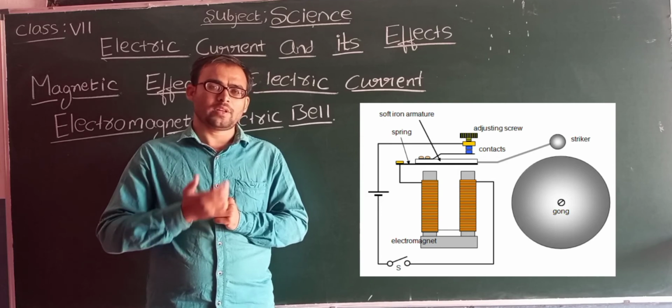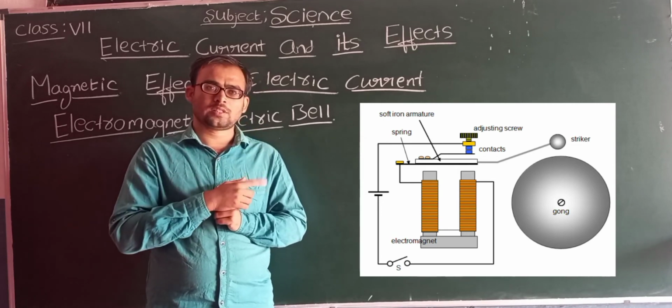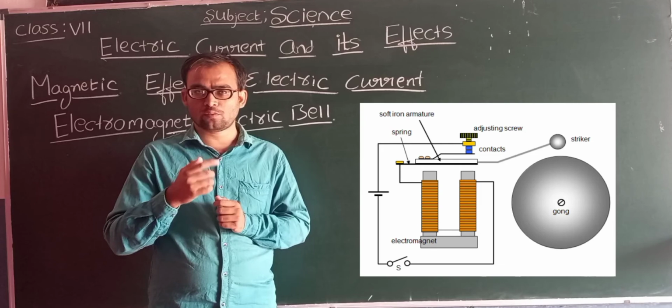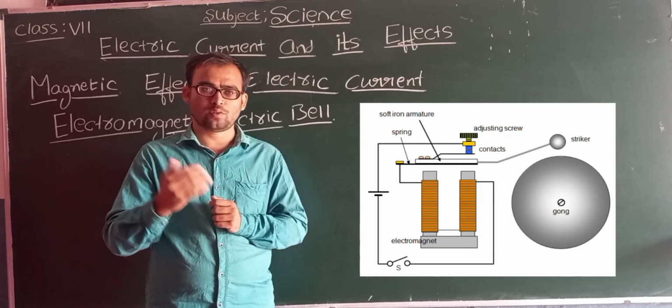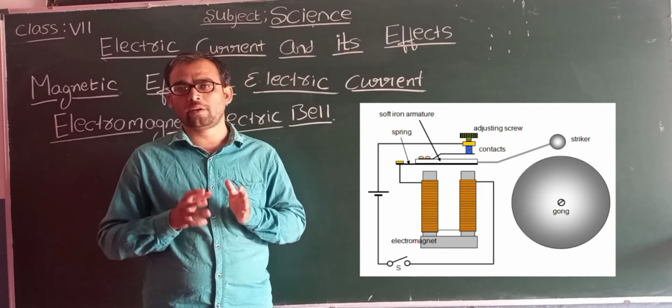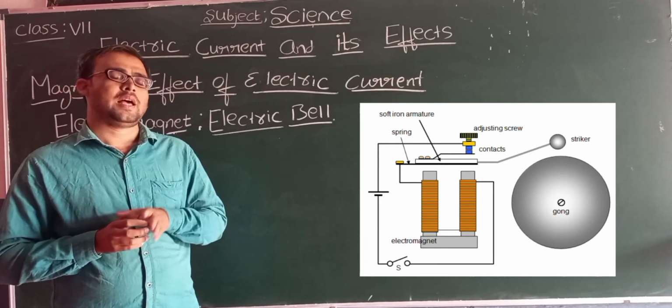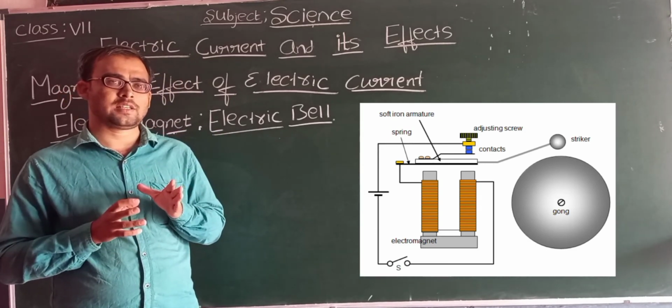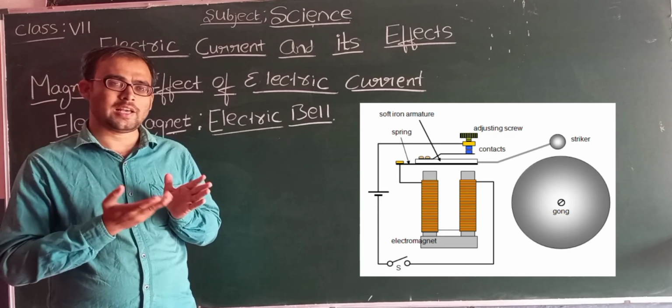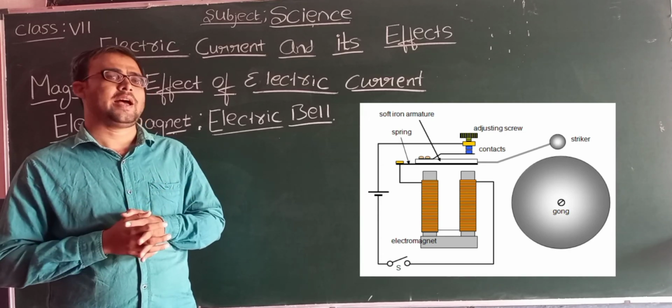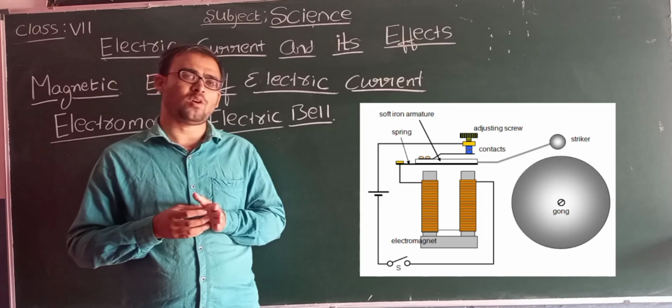So when the current flows through the circuit, the current is flowing through the coil now. Then the coil of wire acts as an electromagnet. As the coil of wire acts as an electromagnet, it means the coil has become a magnet.